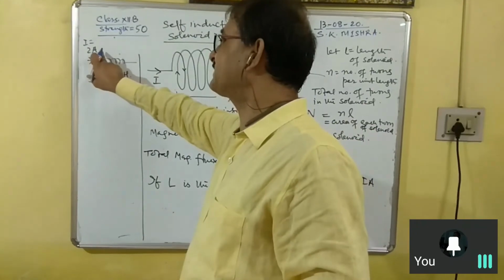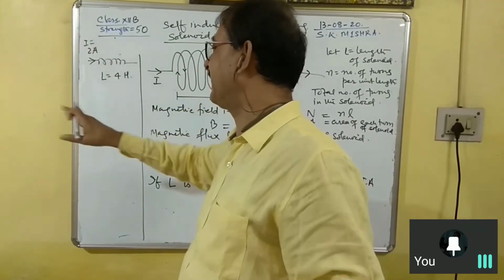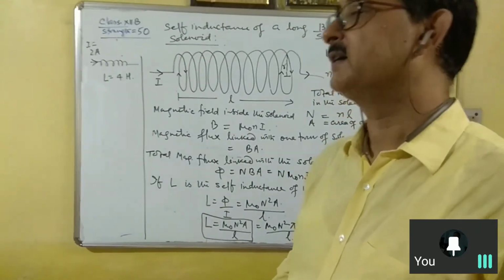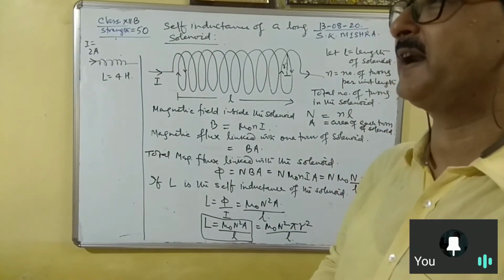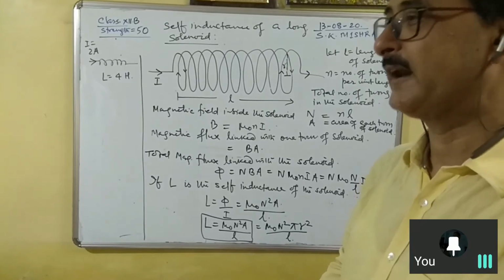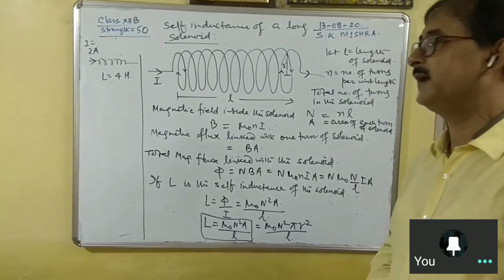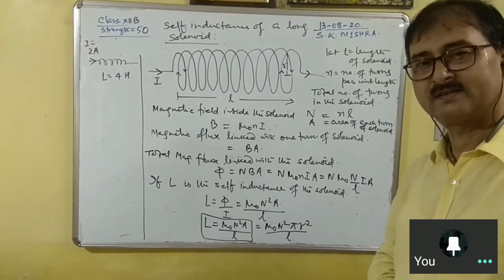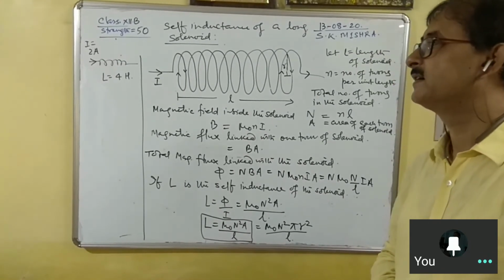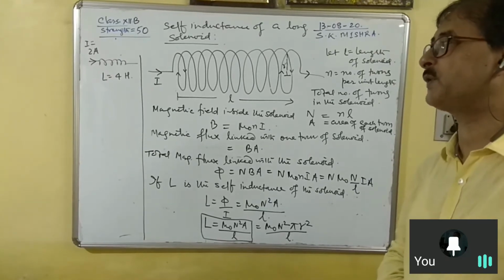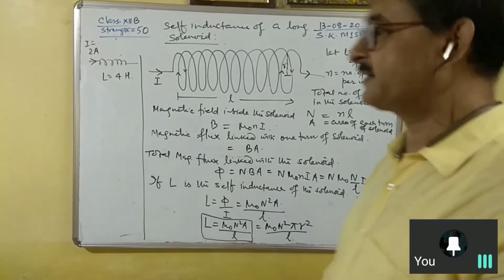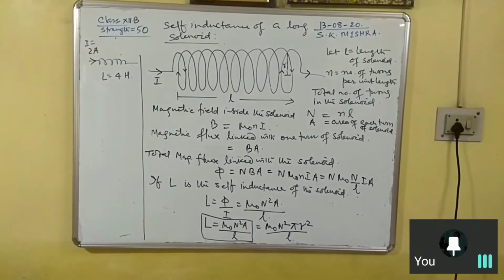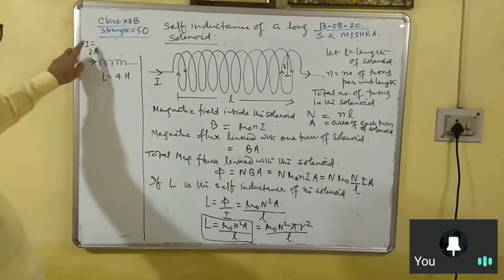Earlier it is 2 ampere, now if it goes to 4 ampere, what will be the change in self inductance? Who can answer me? Anybody else? If the current is 2 ampere, self inductance is 4 Henry, what should be the self inductance if current becomes 4 ampere?